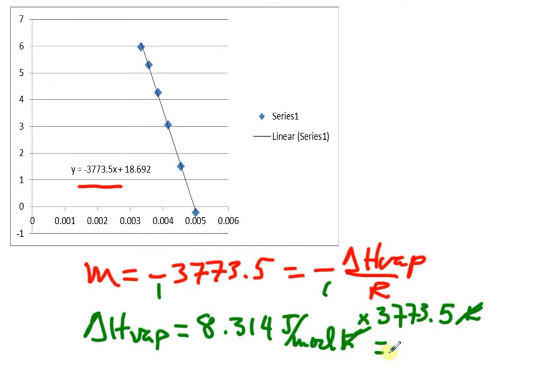If you do that, you will get a number that should be something like 31,400. I'm going to change the 31,000 to kilo, and this is going to be kilojoules per mole.